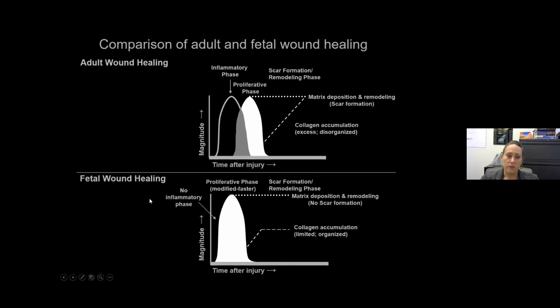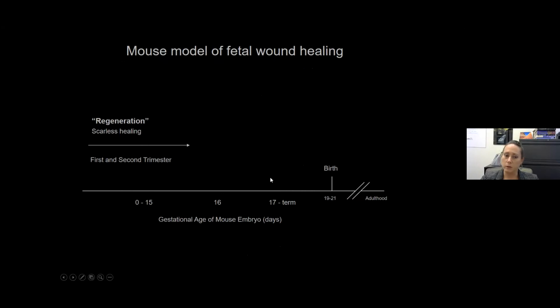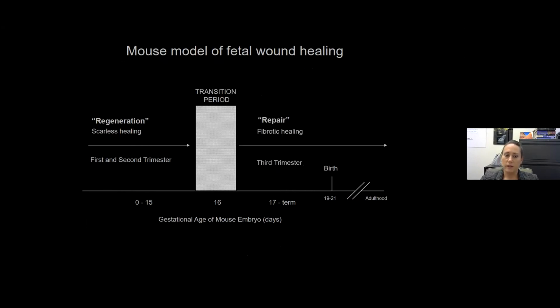And so beyond this transition period, the skin, if injured, will heal with your typical repair process. So that's a fibrotic process that leads to the formation of scar tissue. And I just wanted to mention that you also see this in human fetal skin. And in this case, the transition occurs at around 24 weeks of gestation.